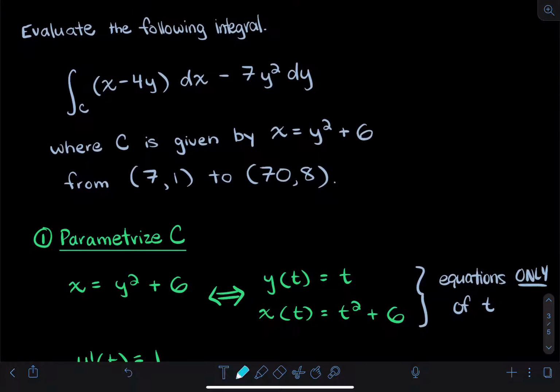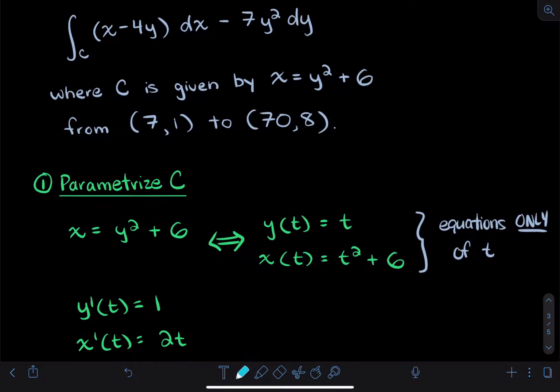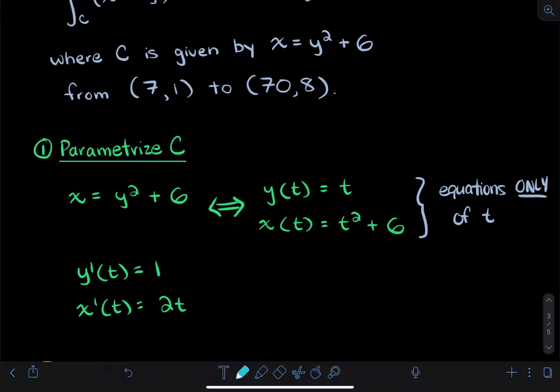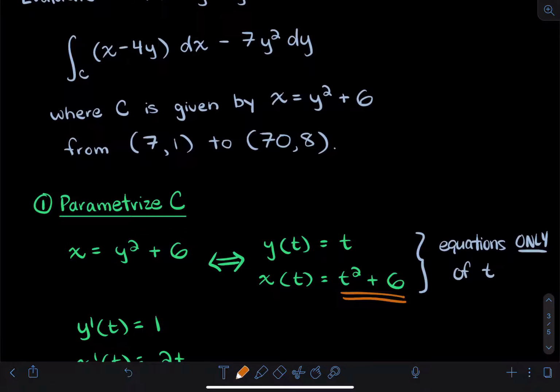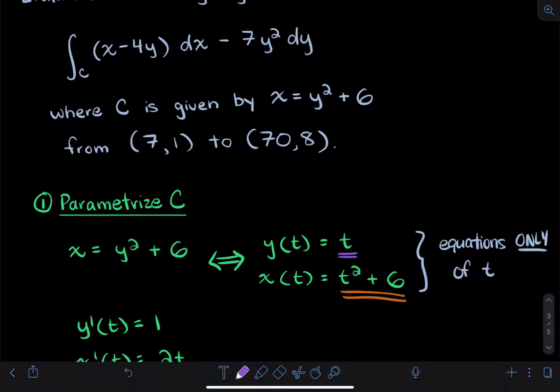In the question, it gave us here x minus 4y. So what is x going to be? Well, x is now t squared plus 6. What is y going to be? Well, y is just going to be t. That's what we said up here. Now what is dx?